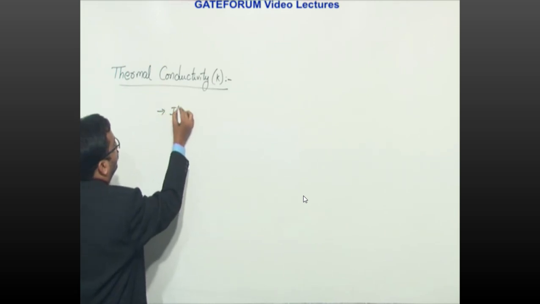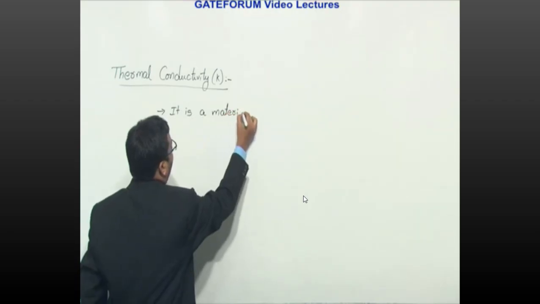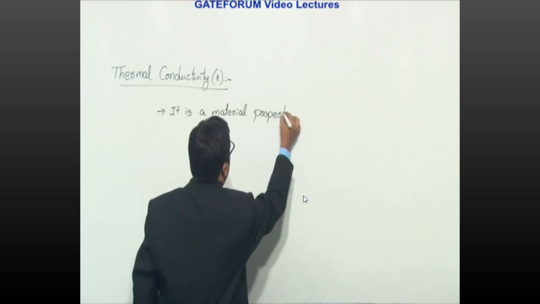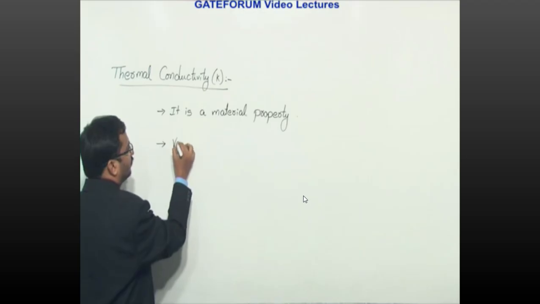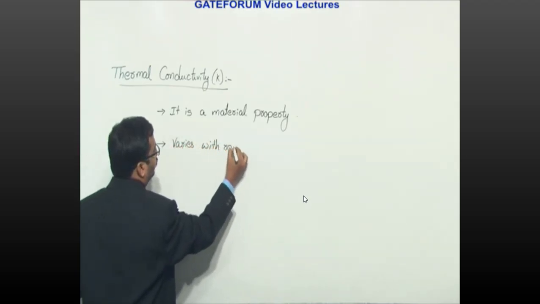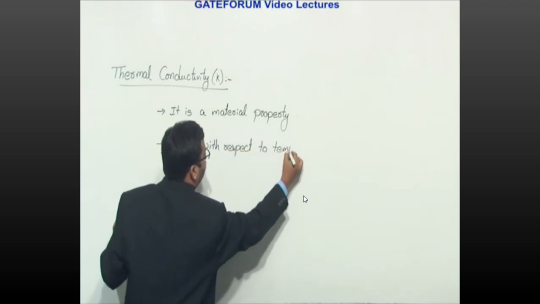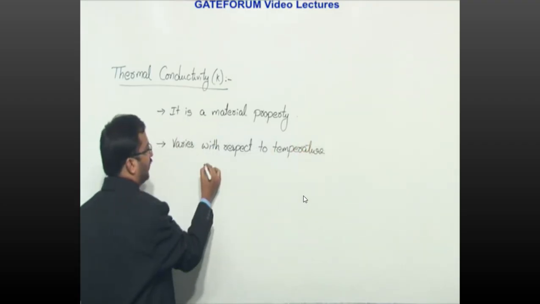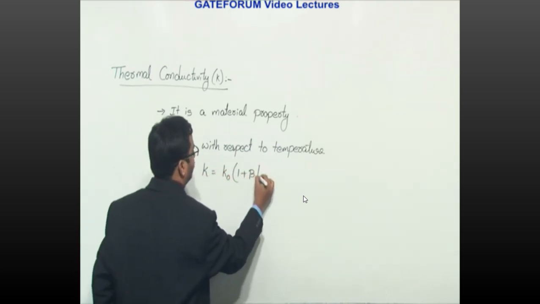It varies with respect to temperature, and it is given by K equal to K naught into 1 plus beta T.